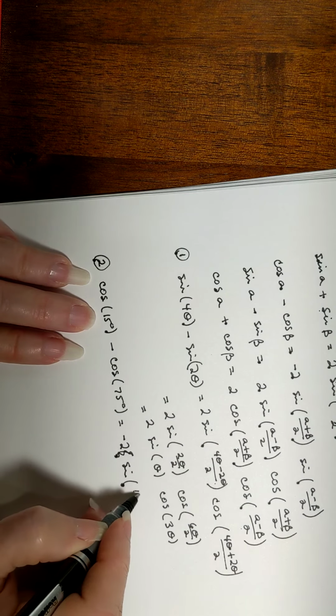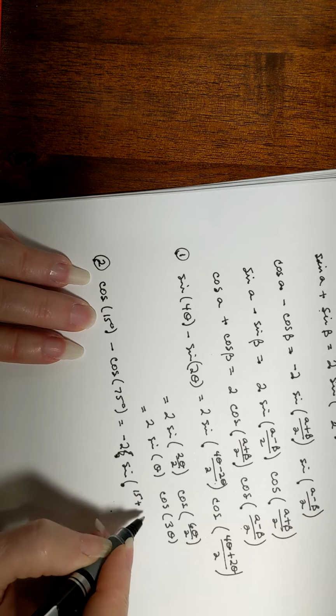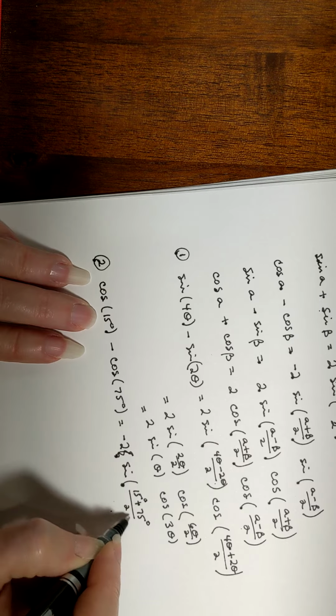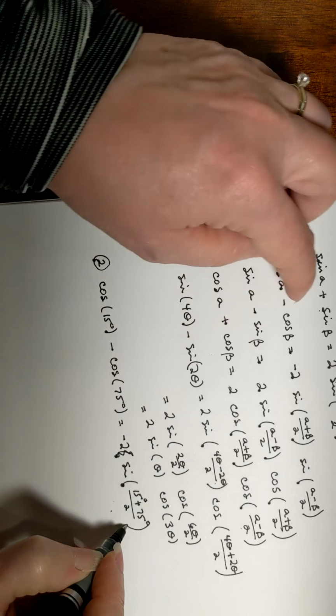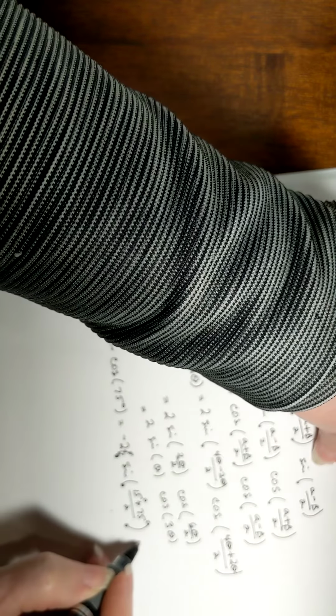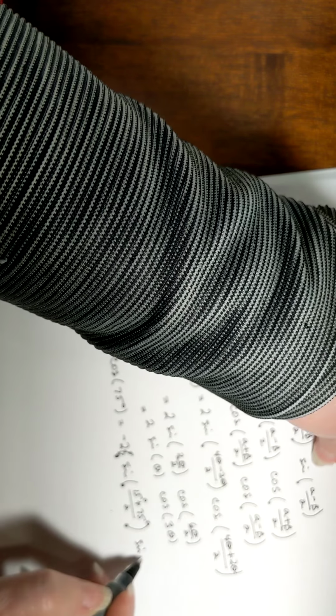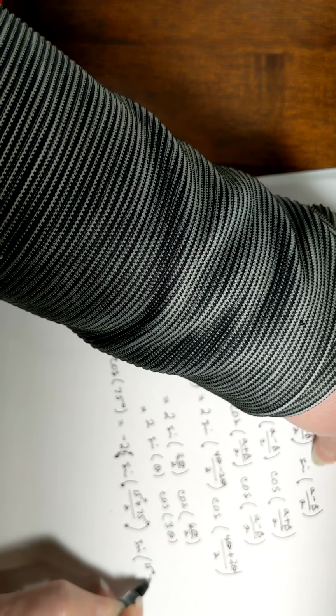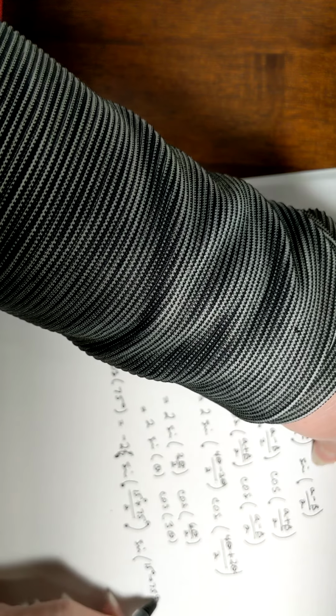So that would be 15 plus 75 degrees over 2, and then times the sine of (A minus B) over 2. So that would be 15 degrees minus 75 degrees over 2.